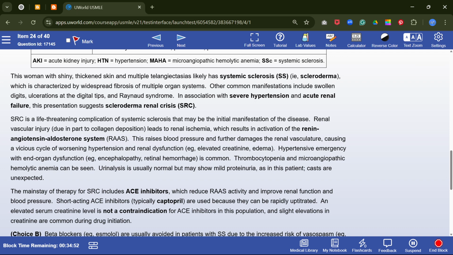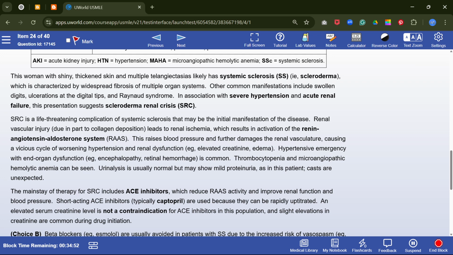Renal vascular injury due to collagen deposition leads to ischemia, which results in activation of the renin-angiotensin system. This raises blood pressure and further damages the renal vasculature, causing a vicious cycle of worsening hypertension and renal dysfunction.